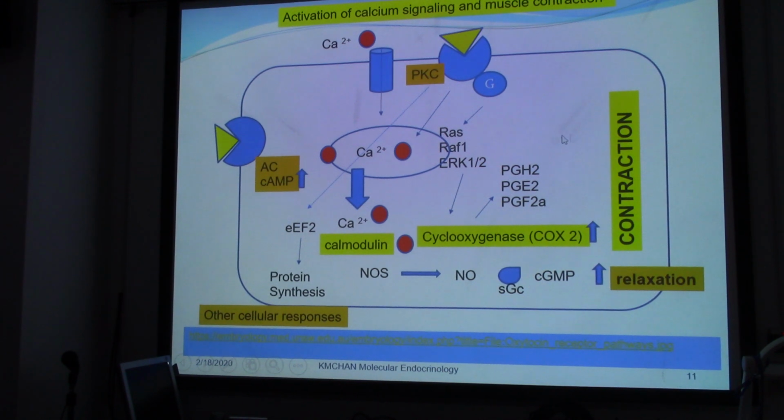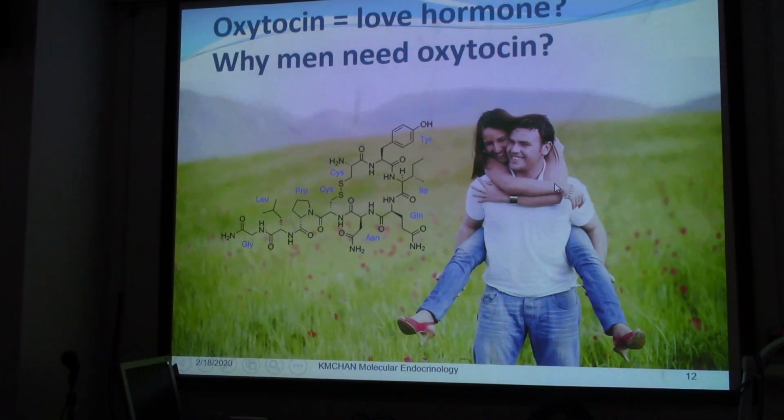Prostaglandins are a group of other signaling materials to excite muscle contraction. Okay, so these are the details of these different pathways leading to the muscle contraction. So most drug development would like to act on these other pathways instead of directly acting on the oxytocin receptor. Okay, and then we may move on.